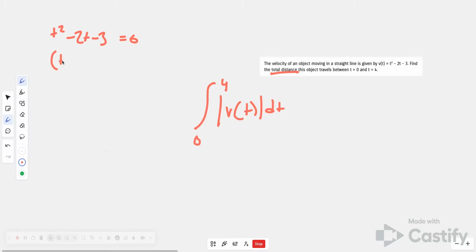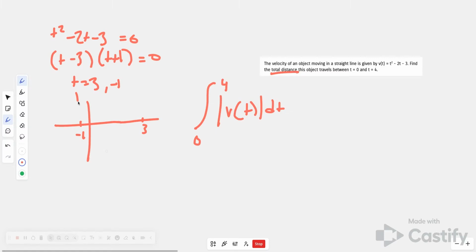So after we factor, these are two roots, and because the function is opening upwards, it's a positive quadratic, it's going to have this shape like this.